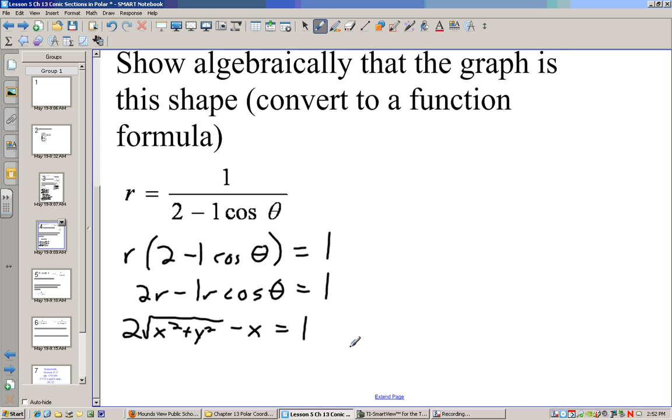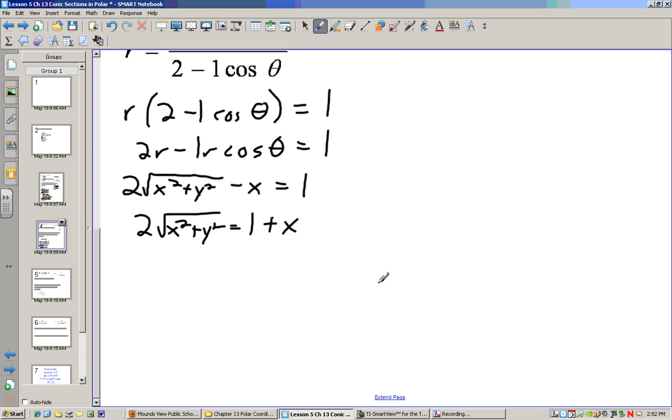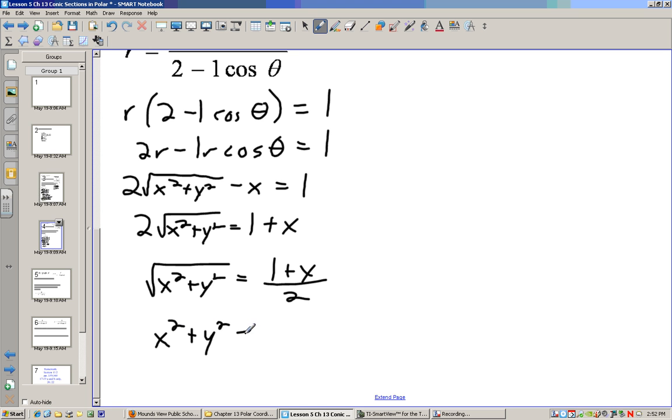All right, now we add x. So 2 square root of x squared plus y squared is equal to 1 plus x. Now we can divide by 2. Square root of x squared plus y squared equals 1 plus x over 2. Now if we square both sides, we'll have x squared plus y squared equals this whole thing squared.